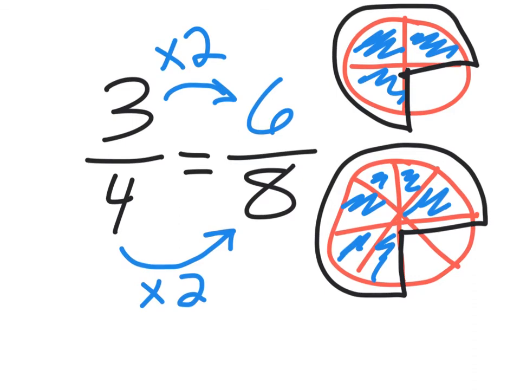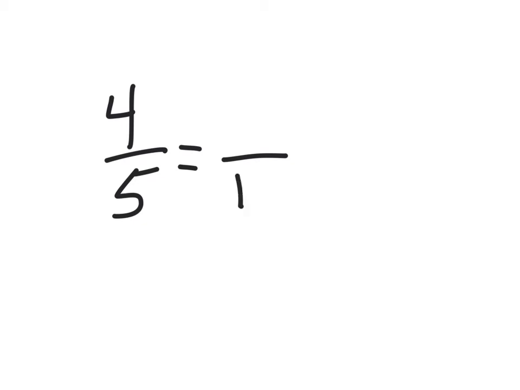Let's practice with a few more. Let's say we have the fraction, how about 4/5? And I want to change that to a fraction that has a denominator of 15. You'll notice, guys, that every time I'm changing the denominator from one number to another, it's always a multiple of that original denominator.